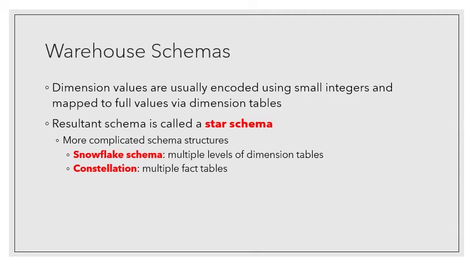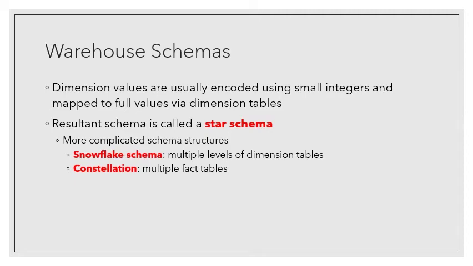The attribute store ID is a foreign key into a dimension table store, which has other attributes such as store location, that includes city, state, country. The item ID attribute of the sales table would be a foreign key into a dimension table item info, which would contain information such as the name of the item, the category to which the item belongs, and other item details such as color and size.